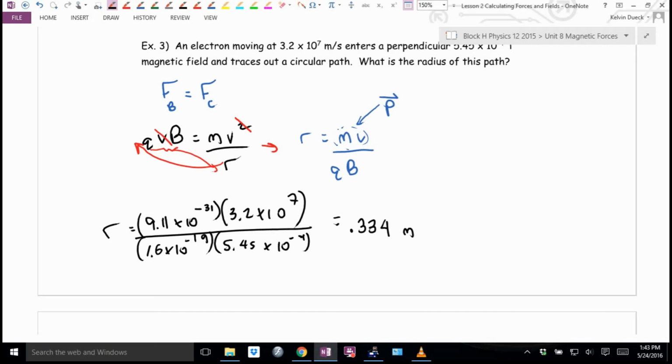You can calculate the radius and work your way backwards and calculate V or M or Q. Also, in our electricity unit, in our parallel plates unit, you may recall, we have an awful lot of control over getting a charged object to whatever speed we want, so we can fine-tune a lot of these variables to find whatever's missing.